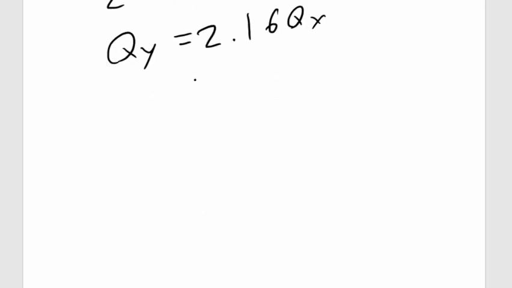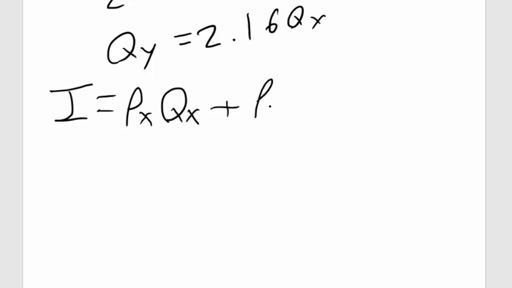Now that we have our opportunity cost, we can attempt to solve for our optimal consumption bundle. So using another formula for income, income equals the price of x times the quantity of x plus the price of y times the quantity of y.